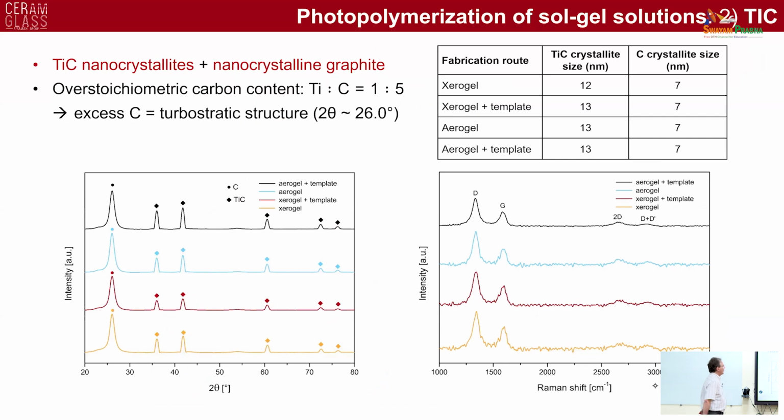And you can see there the different size for the crystallites, which is always the same because it doesn't depend, of course, on the fabrication route. The material is the same. And you can see also the Raman information on the graphite.